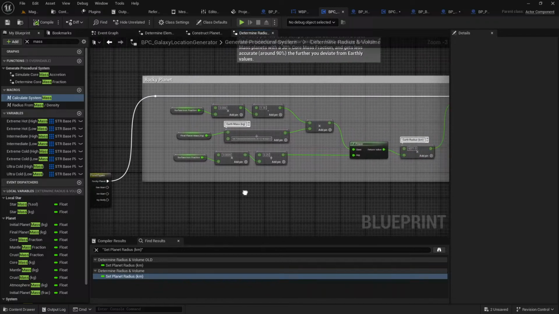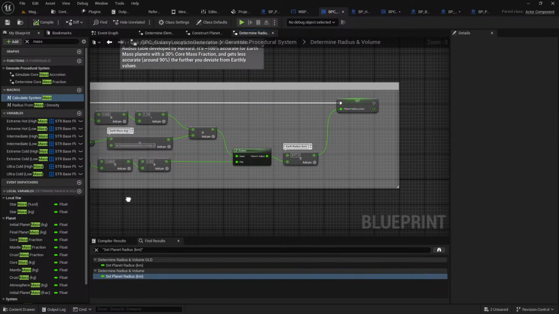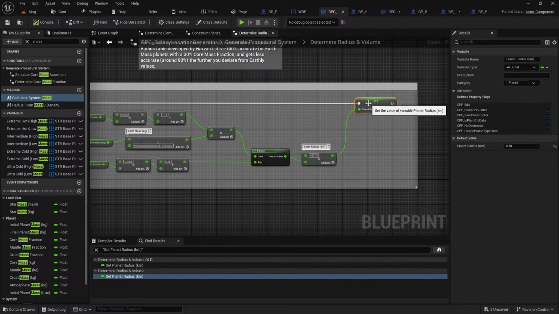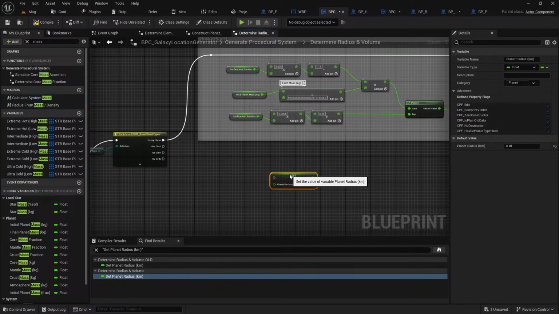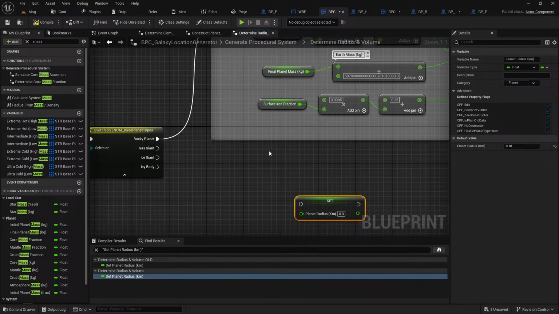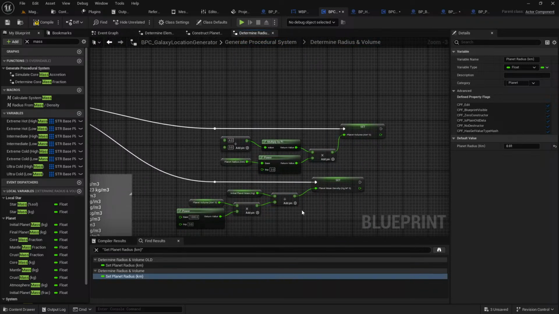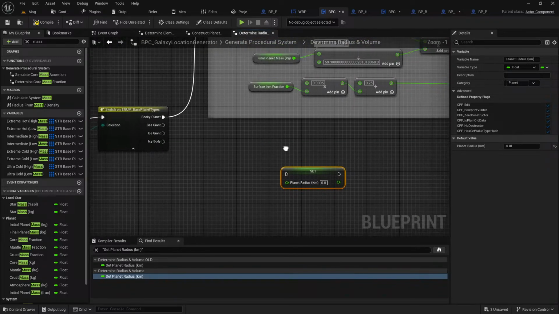Ooh, actually, yeah. So we've skipped the gas giant. That's why. So of course it's calculating all this without a radius value.